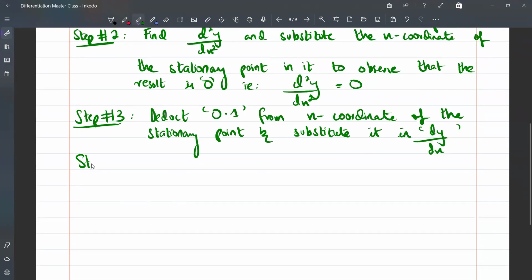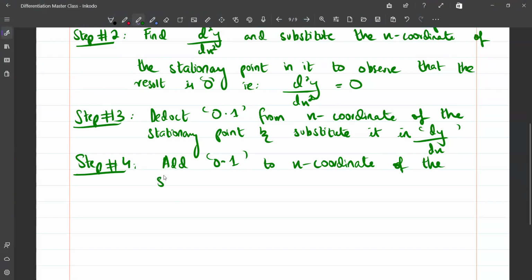All right. Step number 4. Add 0.1 to the x coordinate of the stationary point and substitute it in dy over dx.